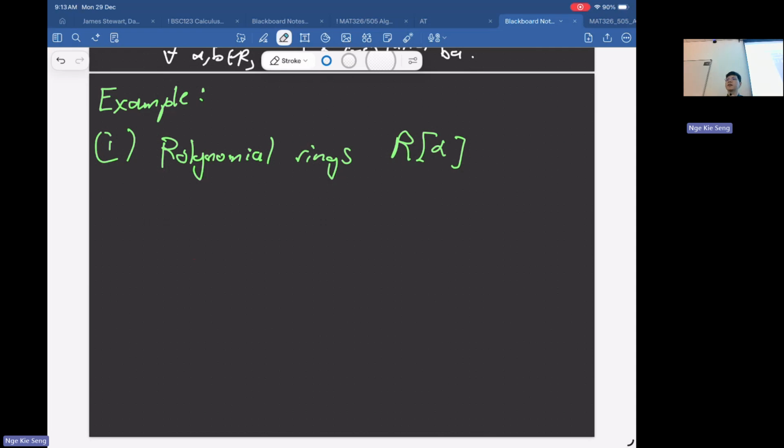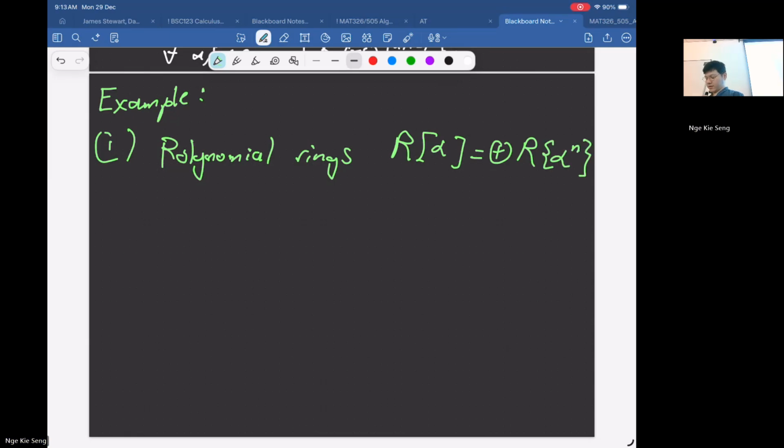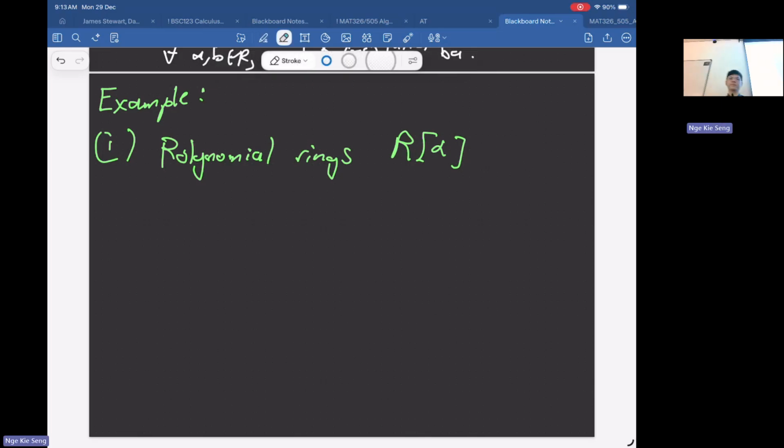So how is it graded? What do you think? You write it in terms of R times the monomial of, wait, not like that, right? It should be degree less than or equal to n.